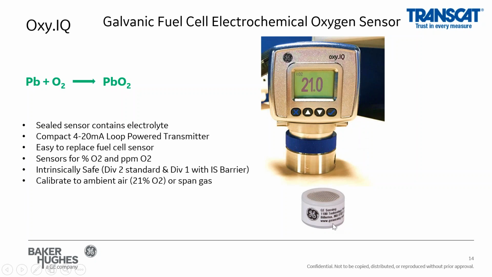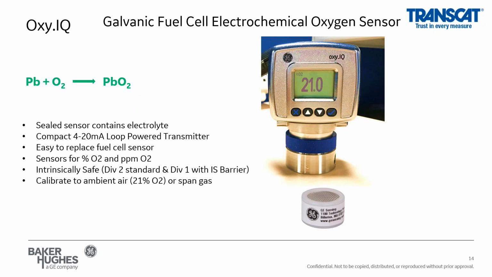Now this sensor does deplete over time. The higher the oxygen concentration you expose it to, the faster it depletes. It has so many percent oxygen hours. So if you expose it to 21%, which is ambient air, it would deplete 5 times faster than if you expose it to 100%, or I should say the other way around.